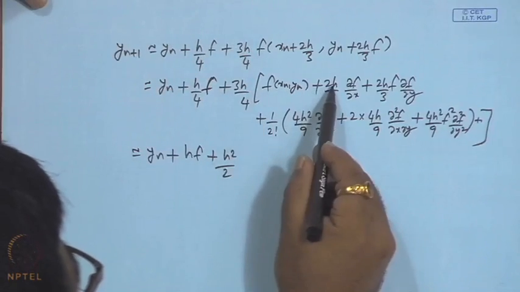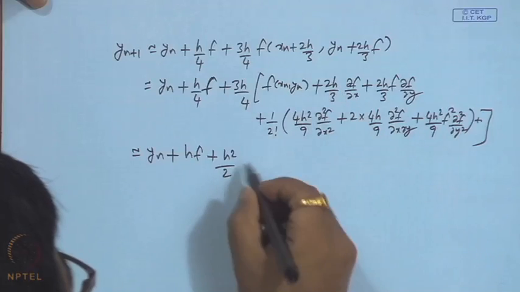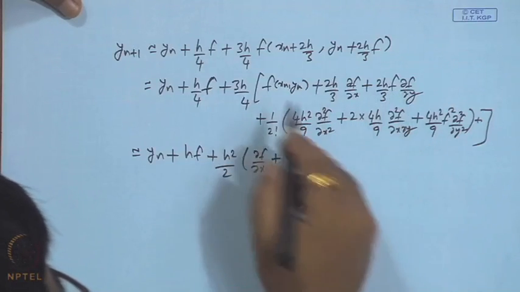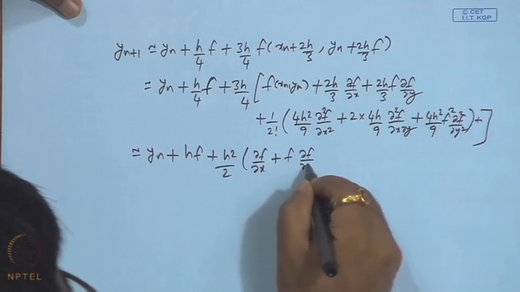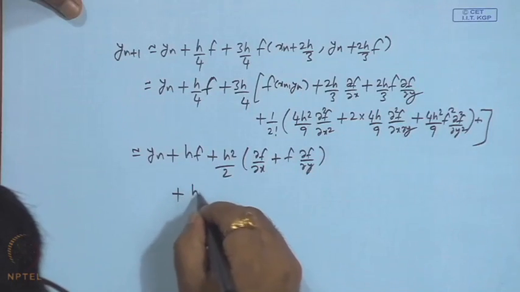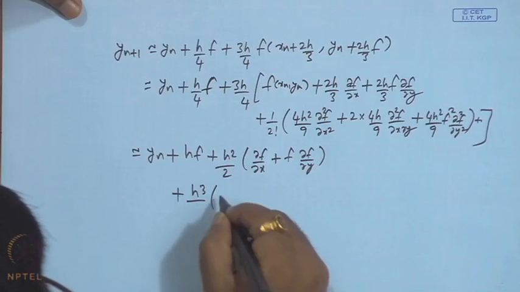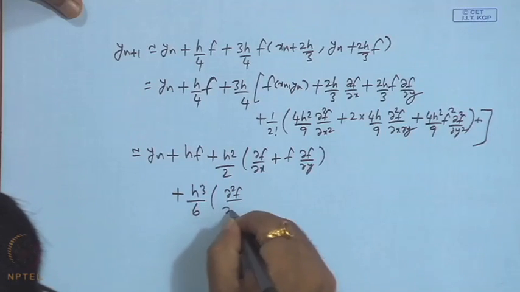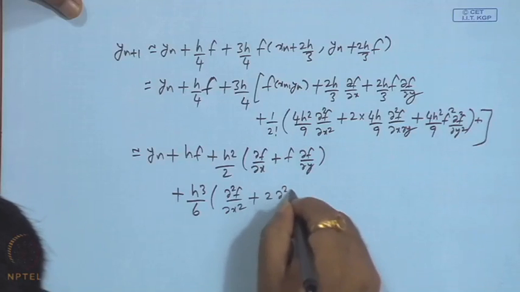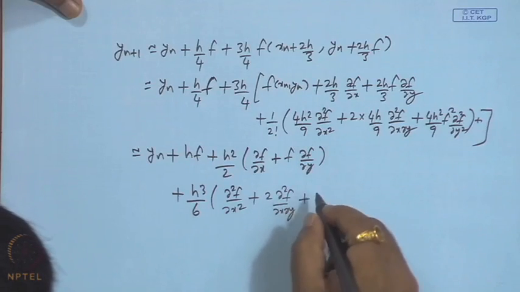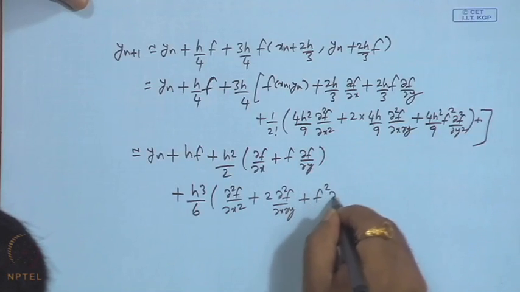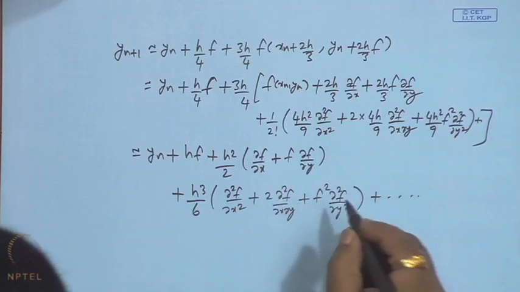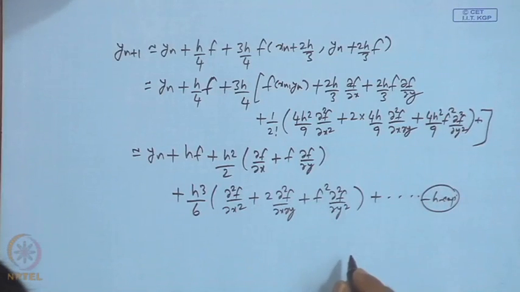So, in the h square term, the 3 gets cancelled and 2 by 4 is half, and then the next term from here we get plus h cube, h cube by 6. Okay. So, this is our h expansion.